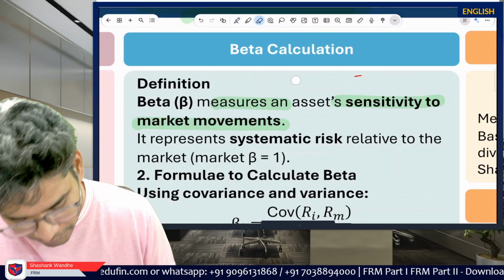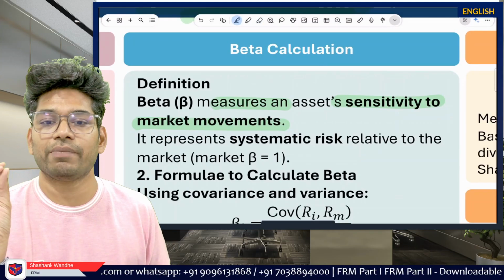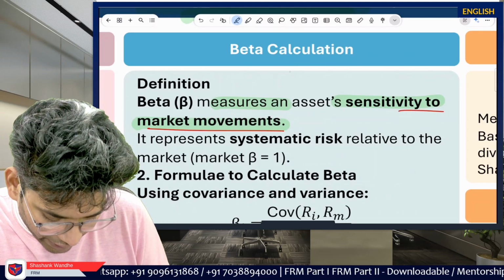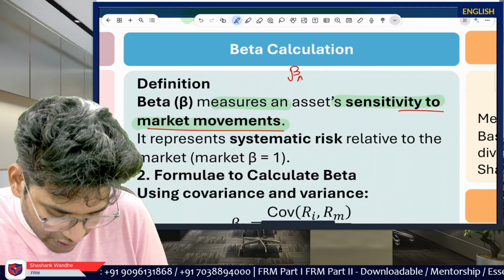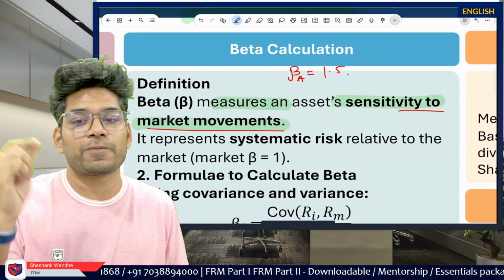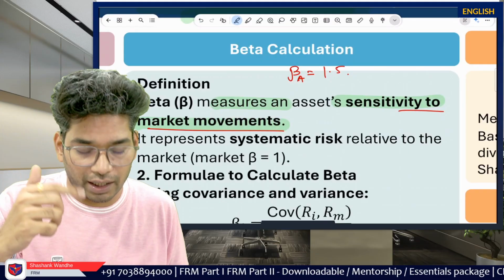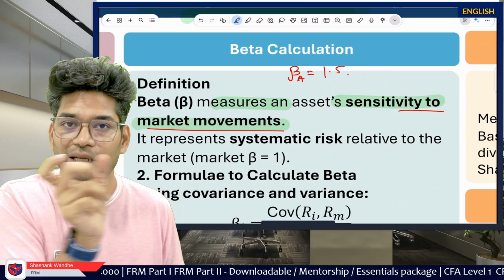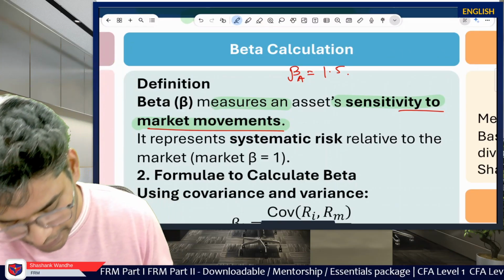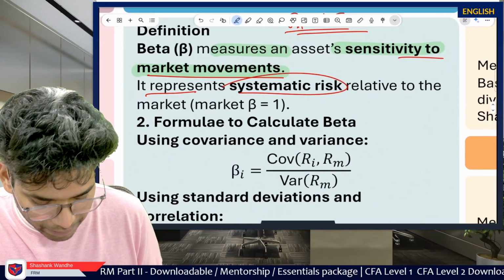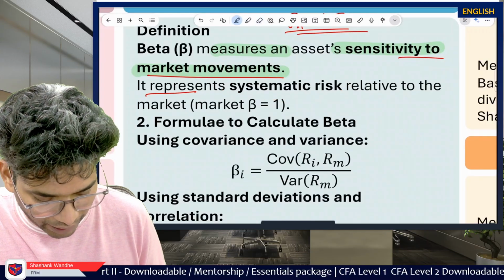Now here, in this particular context, the beta is a measure of sensitivity to the market movement. So if the beta of this particular security A is say 1.5, and the market increases by 10%, then the asset's return will increase by 15%. 10% multiplied by 1.5, 15%. It represents the systematic risk you are taking relative to the market.